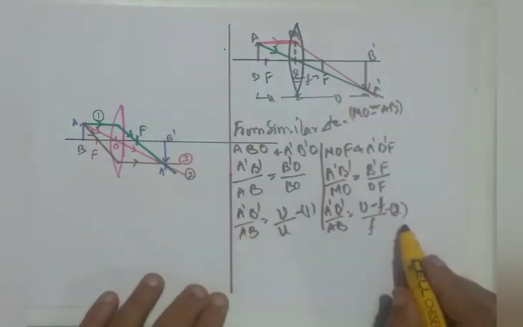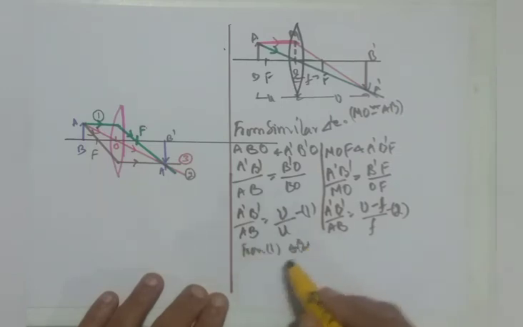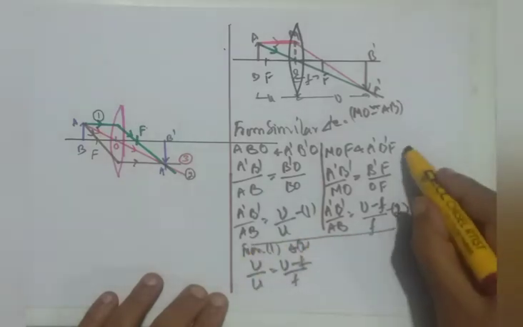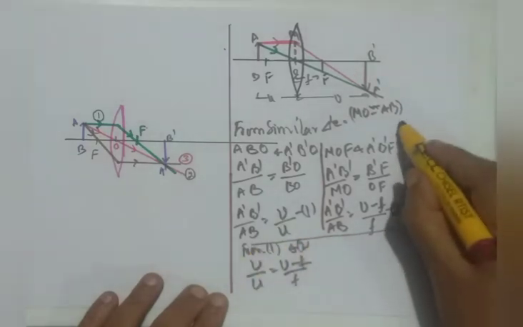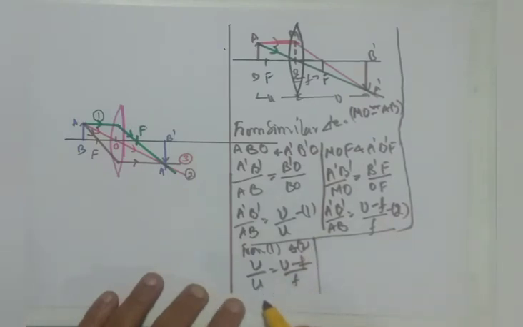Now from equations 1 and 2 we can write V by U equals V minus F by F. If we simplify this, we will get the final relation. We do that simplification.